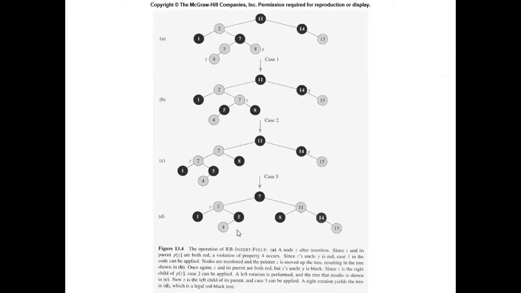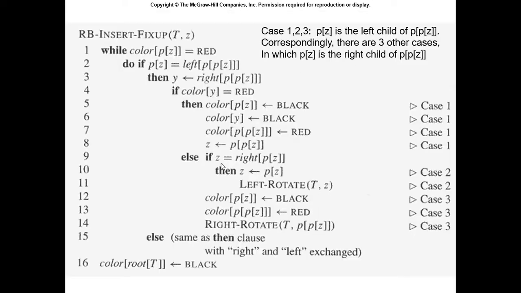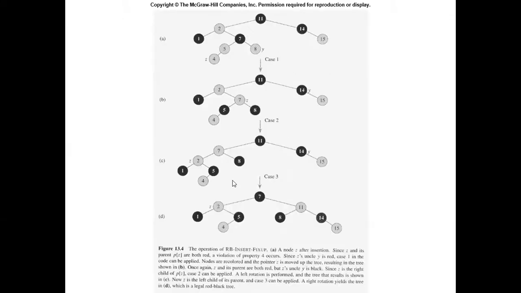I'm going to discuss these three cases. When you encounter any of these three cases, you need to apply the appropriate mechanism mentioned in this algorithm, and then you will bring that tree back into a red black tree by satisfying its properties.